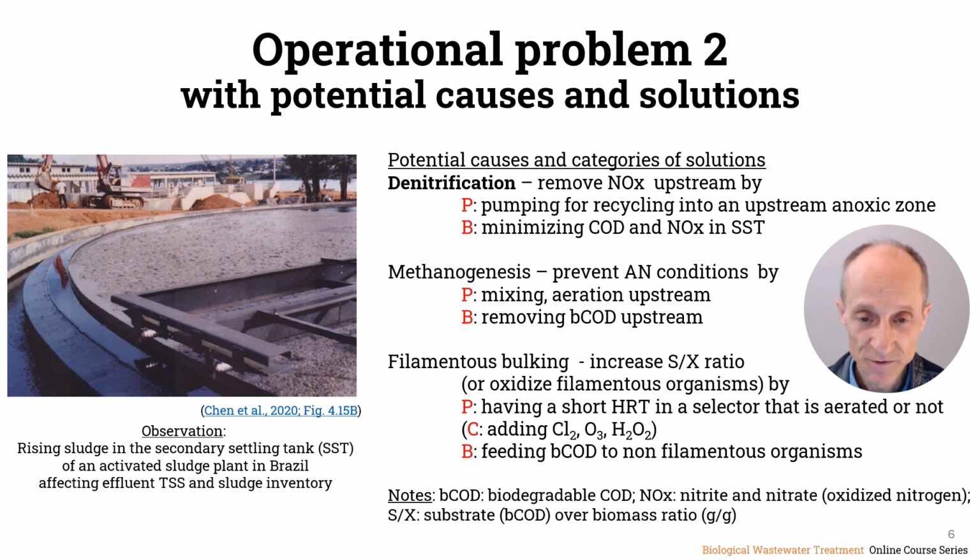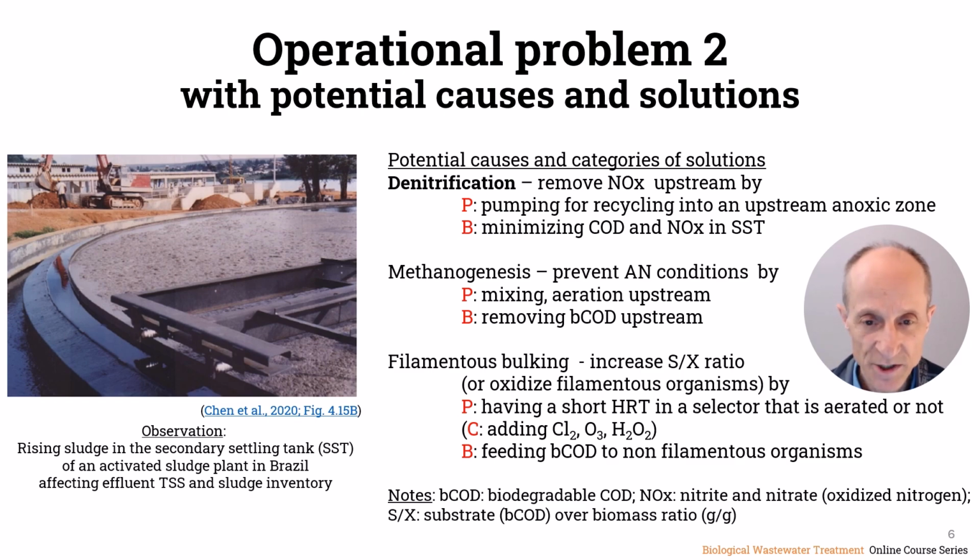A physical solution would be to add a recirculation loop into an upstream anoxic zone to remove oxidized nitrogen, nitrate and nitrite, and this would achieve two biological functions of reducing the presence of both biodegradable COD and oxidized nitrogen in the secondary settling tank.